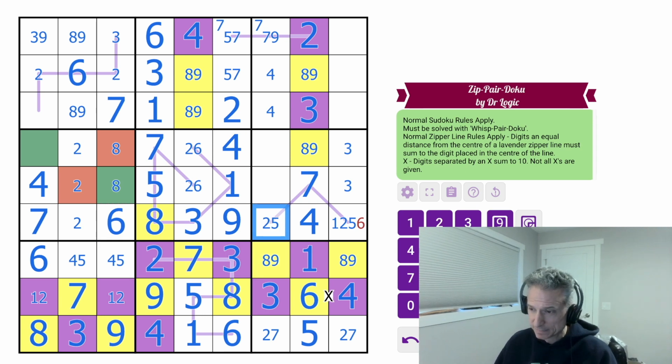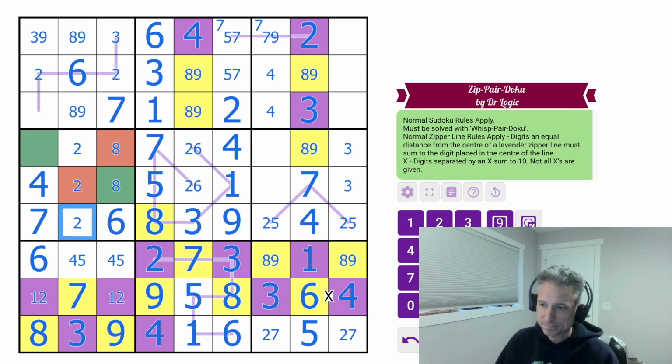So box 7 now has a 6 in cell 1 with a 4 5 pair, and your 6 now eliminates 6 as a possibility, so it's a 2 5 pair, which means 1 belongs in box 4, cell 8.